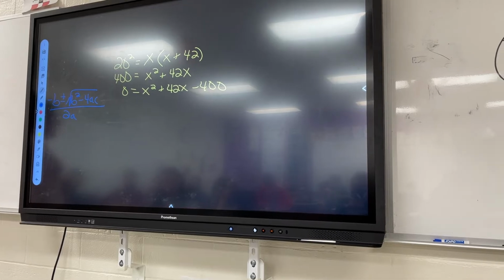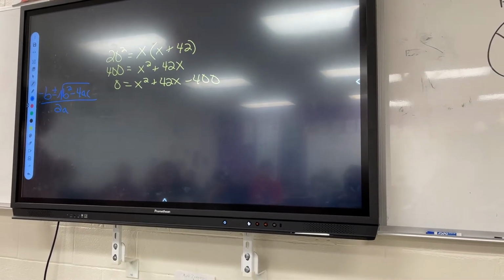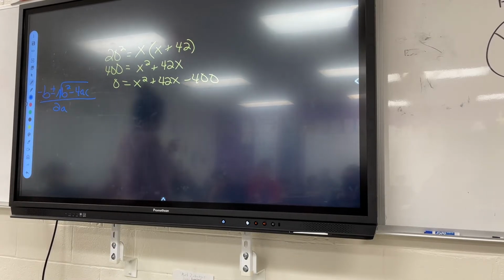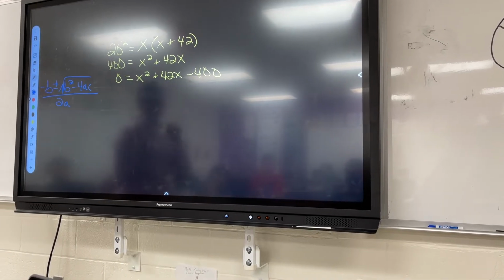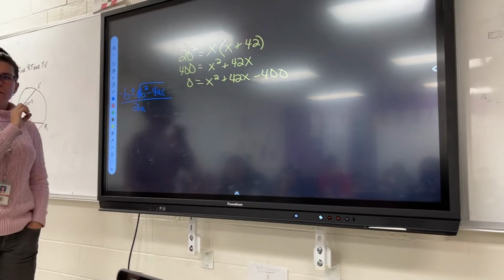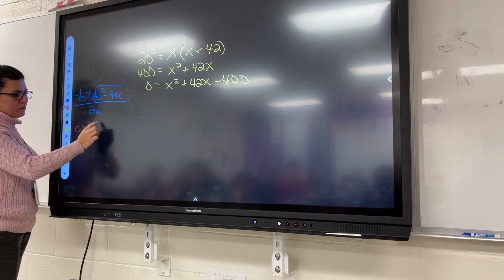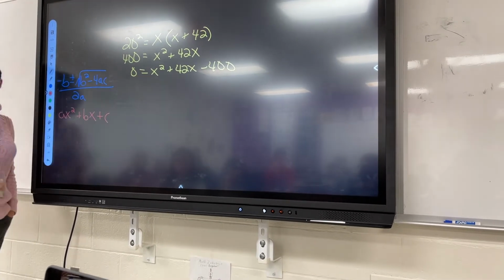Where does a, b, and c come from? The triangle? No. Yeah, I know what you're thinking. You're thinking a Pythagorean theorem. That's not what we're talking about here. Where's a, b, and c come from? I feel like the first, second, third. Does this look similar to that?